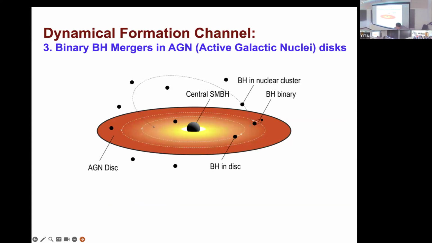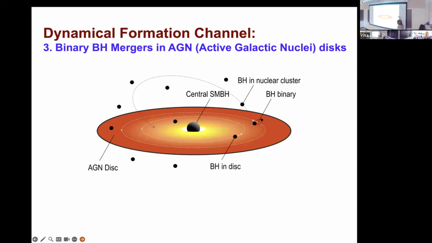Now let me move on to black hole mergers in AGN disks. The idea has been around for a while. Basically, you have a supermassive black hole and an AGN disk. It's known that AGN disks are gravitationally unstable at some distance, typically a few AU, and they can fragment into massive stars, and therefore form individual stellar mass black holes in AGN disks.